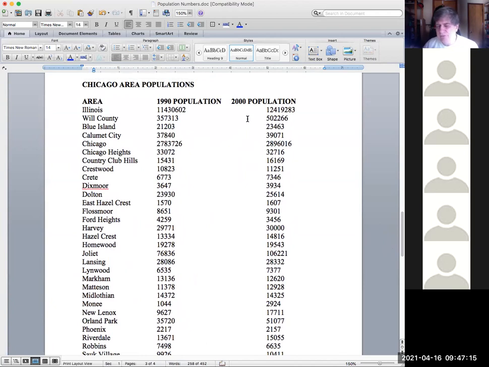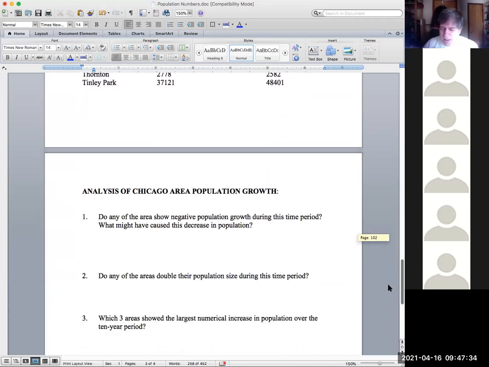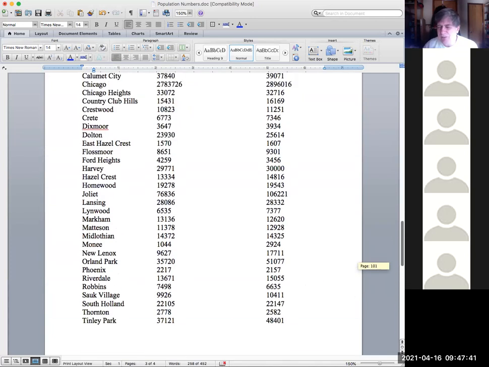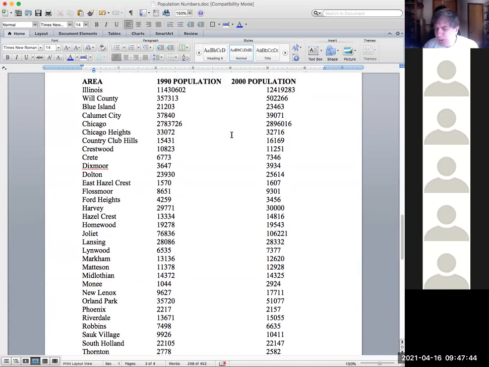So here's some data from 2 censuses, the 1990 census and the 2000 census, for Chicago and some other Illinois areas. So it tells us the population in 2000, it tells us what the population was in 1990. So then the types of questions that we get asked about this are, okay, do any of these areas show negative population growth? So did the population anywhere go down in this 10-year period?